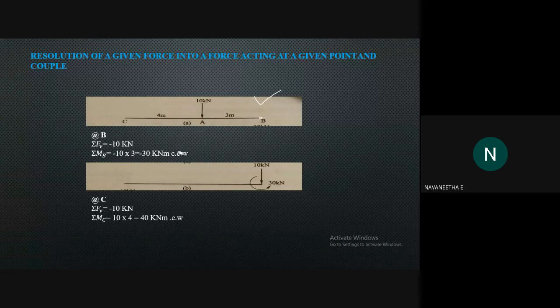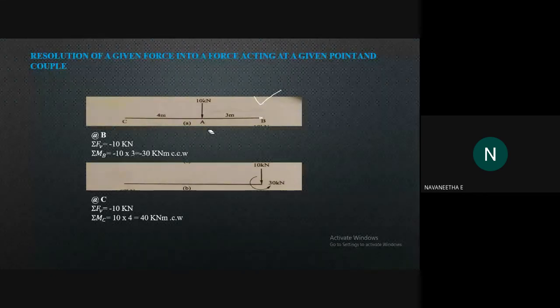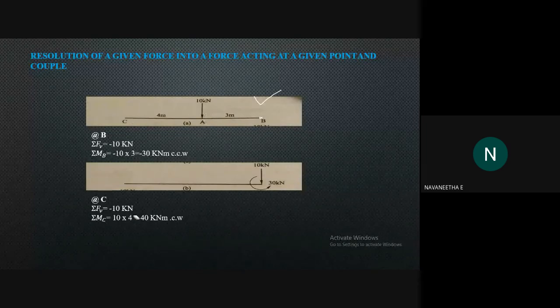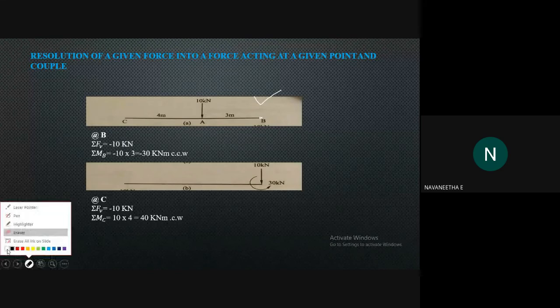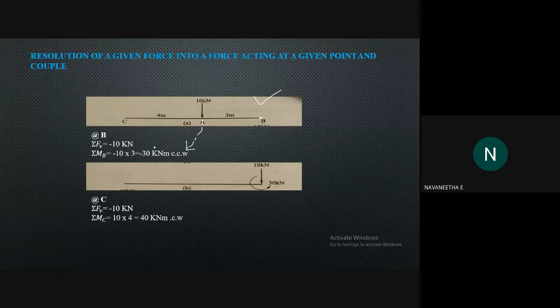The direction is clockwise while considering the beam CA and fixing the point C. Okay, the direction of rotation is clockwise, so it is positive. Okay, so draw the figure. How will the figure be drawn now?